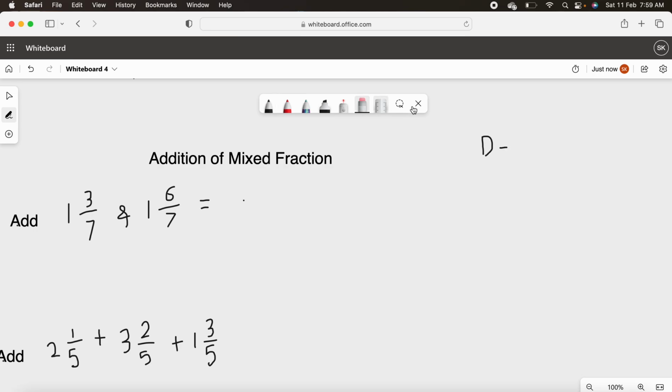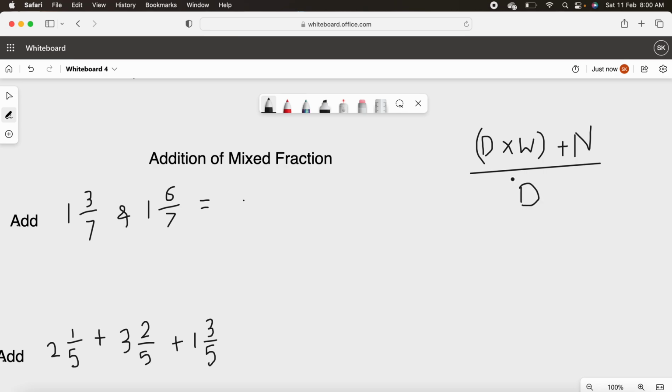D multiplied by W, whole, plus N divided by D.